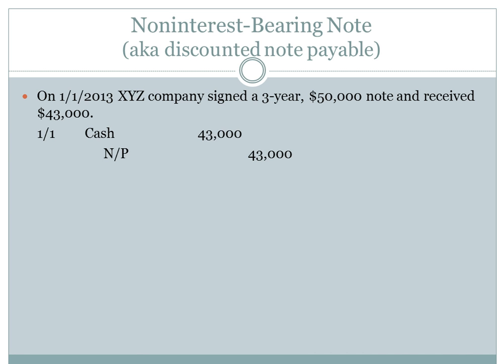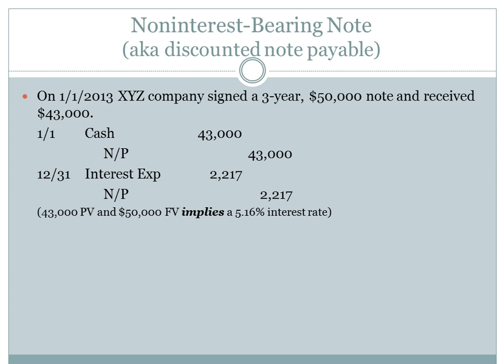So what we do with a non-interest bearing note is figure out what the implied interest rate is, or at the very least, how much interest expense should be assigned to this particular note. We need to figure out the implied interest rate, and from that we can determine our interest expense.